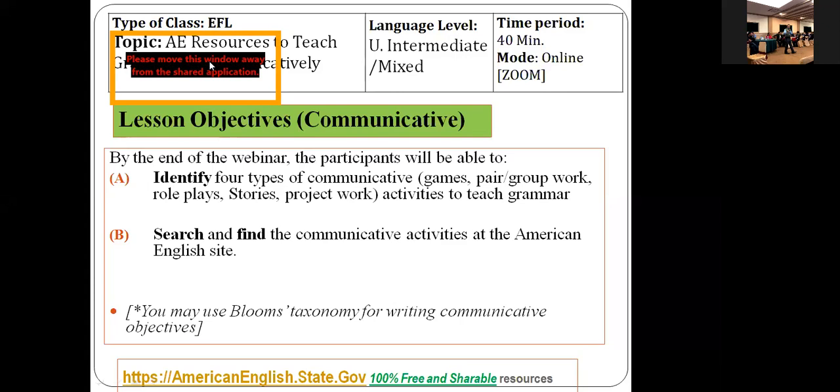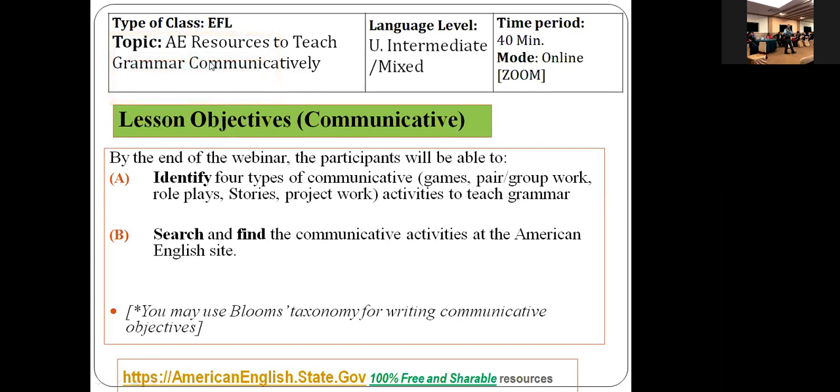If they identify, I can have activities to assess their learning, and I can find out that they have identified 4 or 5. It's specific. See the word identify and 4. I could have written here identify types of communicative activities, but I made it very specific. I just wanted to tell you a little bit about communicative objectives.